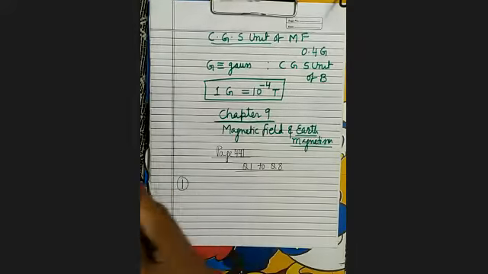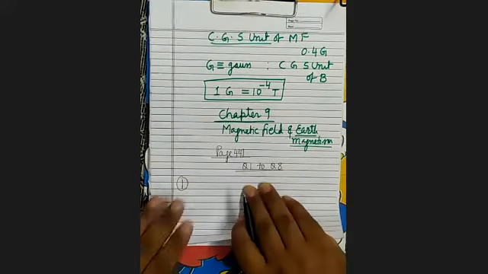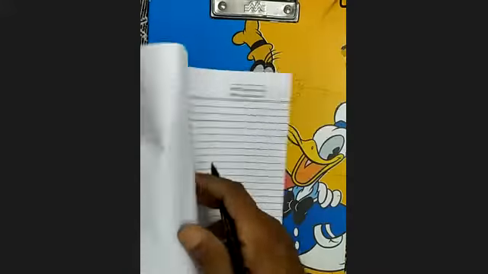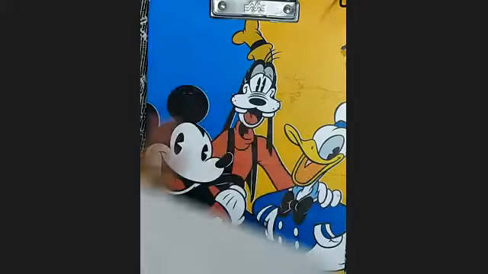What is the magnitude and direction of the torque acting on the needle? You have to find the magnitude and direction of torque. So you can see here. Question 1.